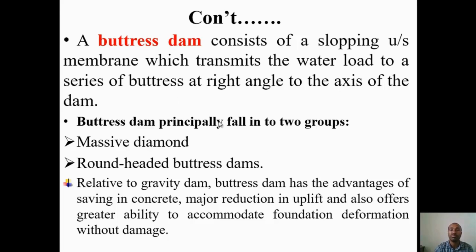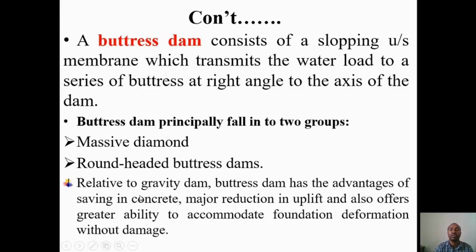For buttress dams, principally you have two groups: massive diamond head and round head structures. Relative to a gravity dam, a buttress dam has the advantage of saving concrete. In between two buttress units you have openings or holes, like in the above picture.